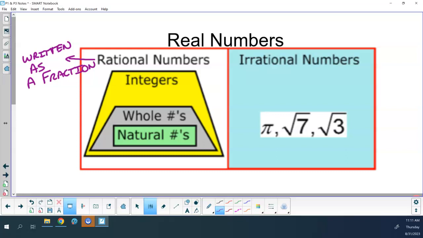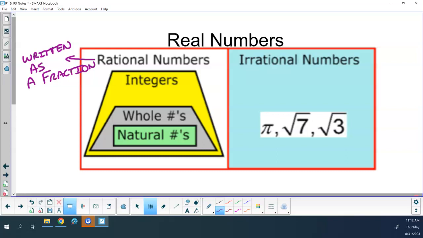Then within rational numbers, there are integers. Integers don't have a fractional part to them. I don't want to call them whole numbers because that's another subsection. Integers are just the digits. Whole numbers are all the positive integers and 0.